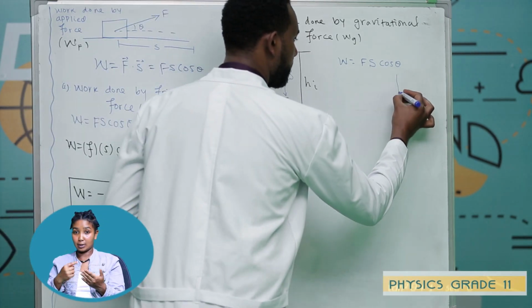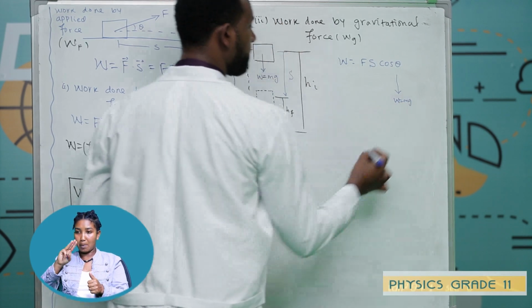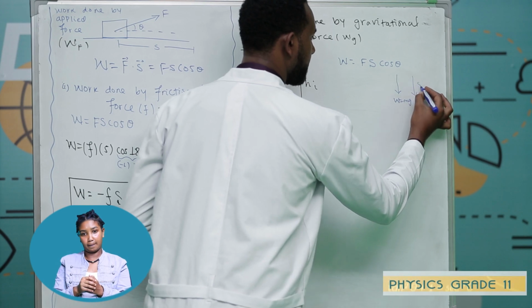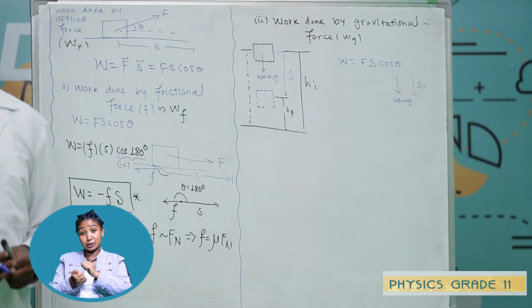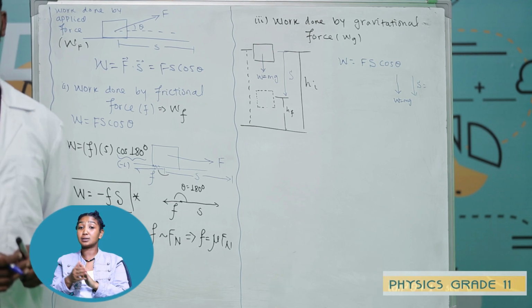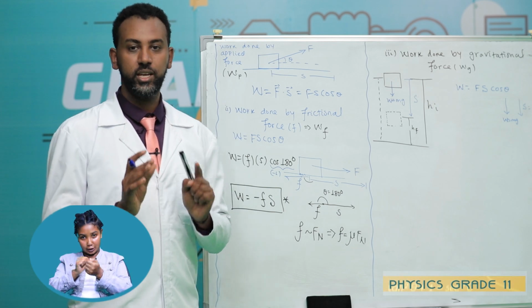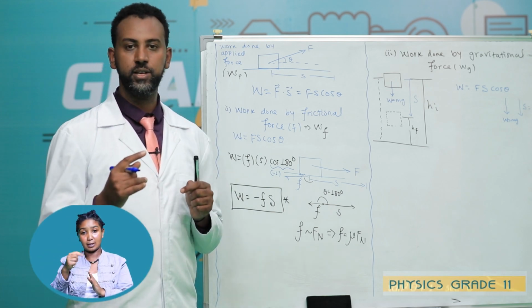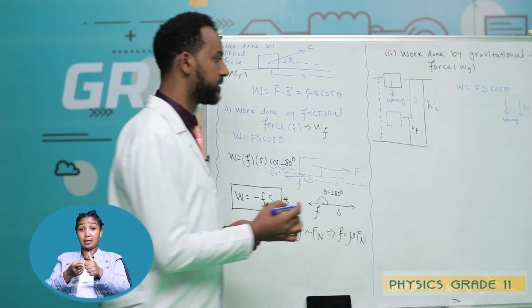In this case, the force is the weight of the object, which is mass times gravity, and the displacement here is S. And S can be interchangeably represented as what? S can be interchangeably represented as change in H, the difference between the final height and the initial height.